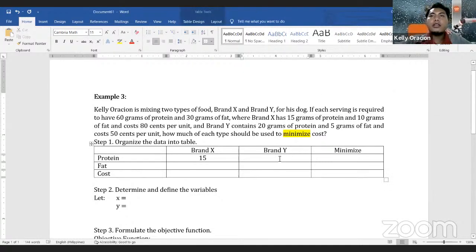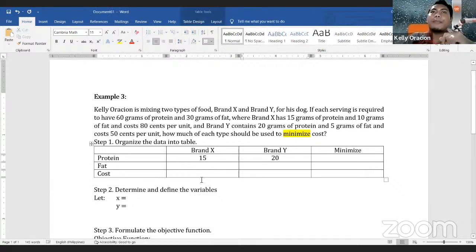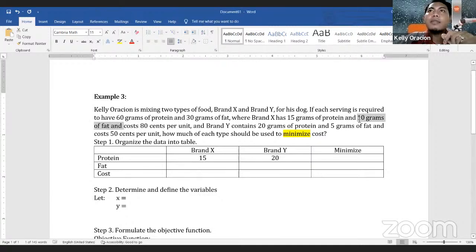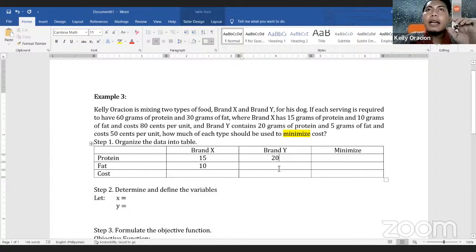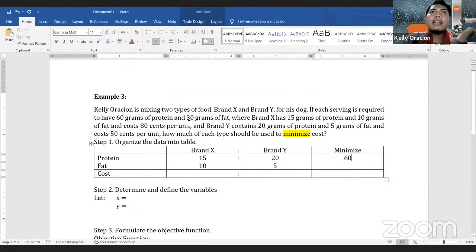So here, 15. And brand Y contains 20 grams of protein. So 20 here. Then for the fat, for brand X, 10 grams of fat. So 10. Then for brand Y, we have 5 grams of fat. So 5 here. Then take note, it was stated that each serving is required to have 60 grams of protein, so 60 here, and then 30 grams of fat, 30 here too.